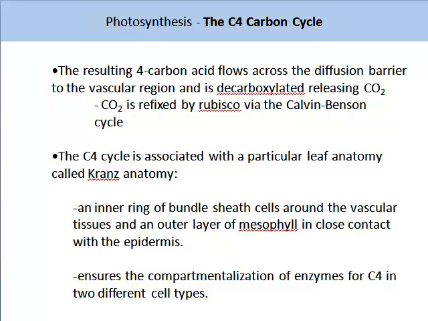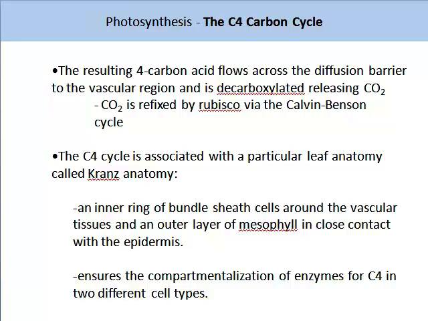The metabolism in C4 plants, such as sugarcane, is called the C4 carbon cycle. The resulting 4-carbon acid flows across the diffusion barrier to the vascular region and is decarboxylated, releasing carbon dioxide. This carbon dioxide is refixed by rubisco via the Calvin-Benson cycle.